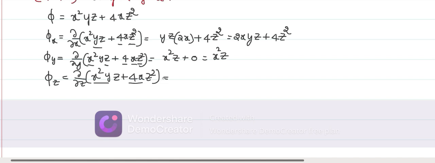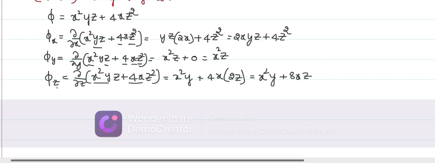We are doing partial differentiation with respect to z. So first write the constant terms. So x square y is constant, the partial differentiation of z with respect to itself is 1, plus 4x is constant, the partial differentiation of z square is 2z. Now it is equal to x square into y plus 8xz.